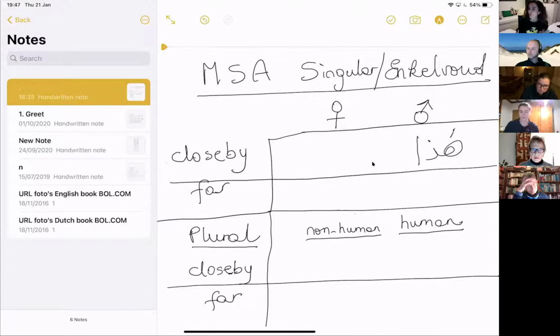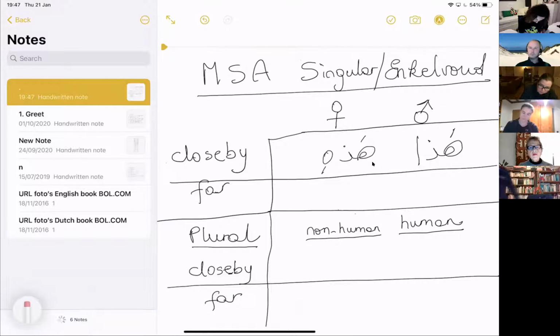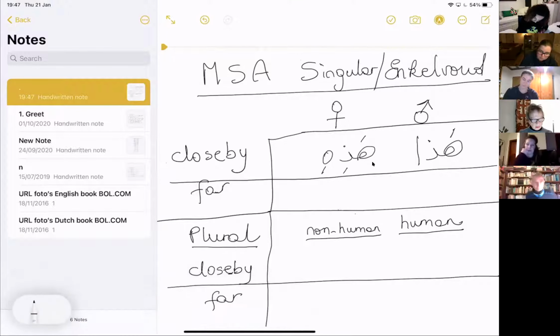We've seen it before in the MSA book of the beginners, if you remember. هذا. And if what you are pointing at is feminine, you would use هذه. هذه. Yeah?